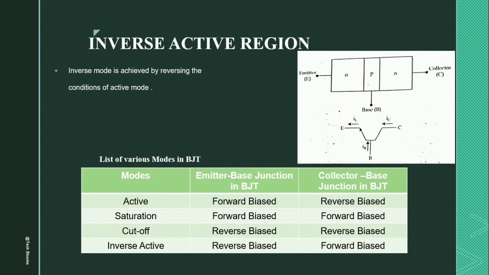And your saturation, both the junctions are forward bias. And your cutoff, both the junctions, that is emitter base junction and the collector base junction, are reverse biased. And inverse active region, it is just opposite of your active region. So here inverse active, your emitter base junction is reverse biased and your collector base junction is forward biased.